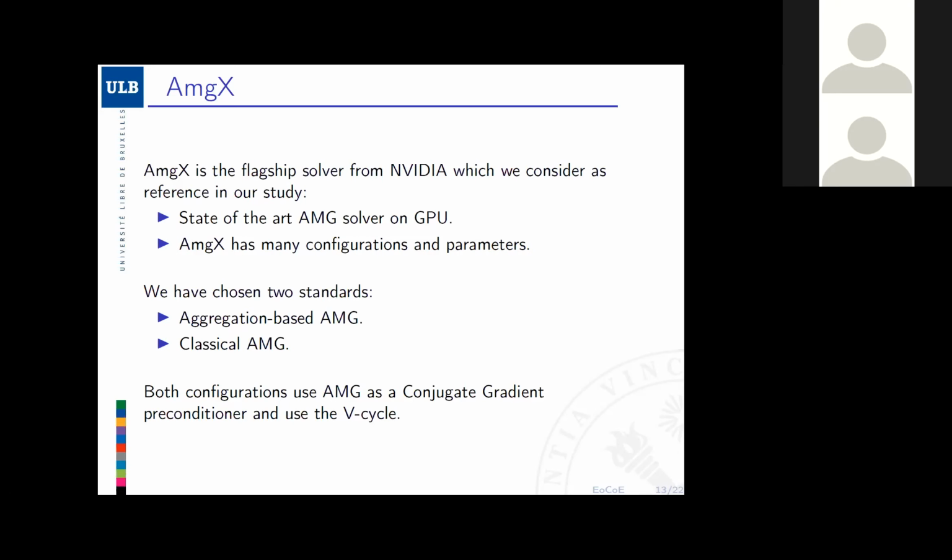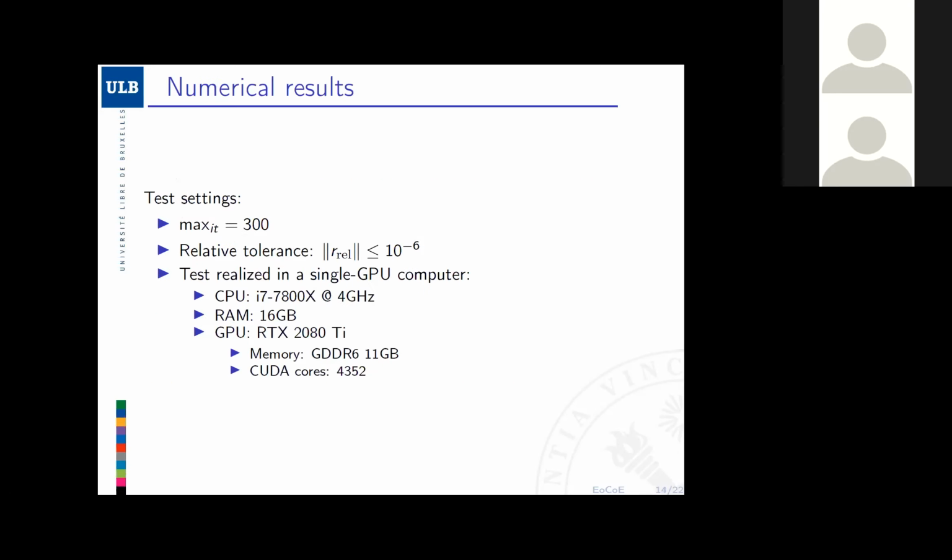Both configurations use AMG as a conjugate gradient preconditioner and use the V cycle. We use the V cycle because it's the recommended cycle by NVIDIA, which works the best compared to the W cycle.